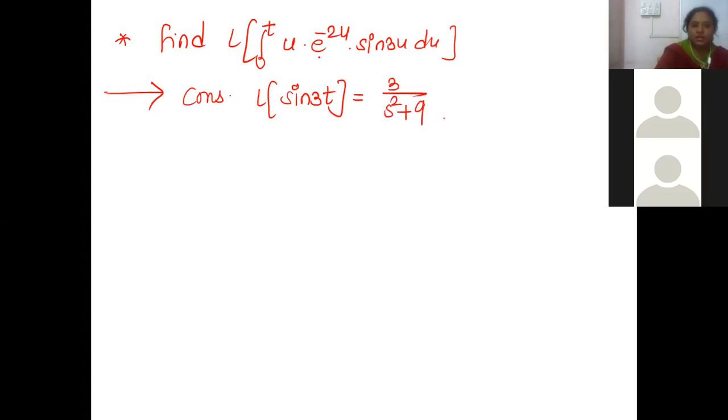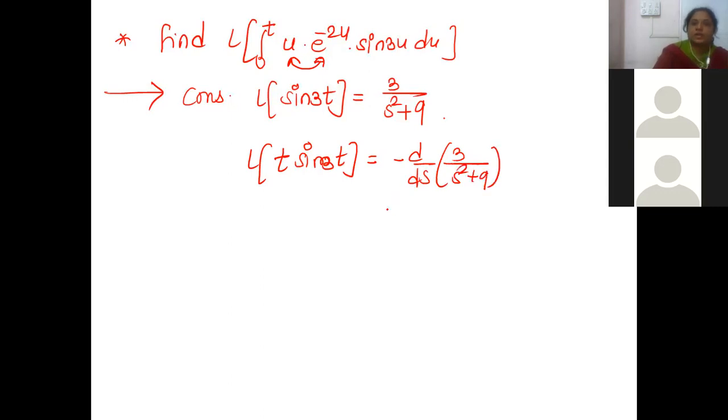Now you will multiply by t first. Multiplication by t is minus 1 d by ds of F of s. So minus 3, derivative of 1 upon something, which is minus 1 upon something square into the derivative of that something, that is 2s.